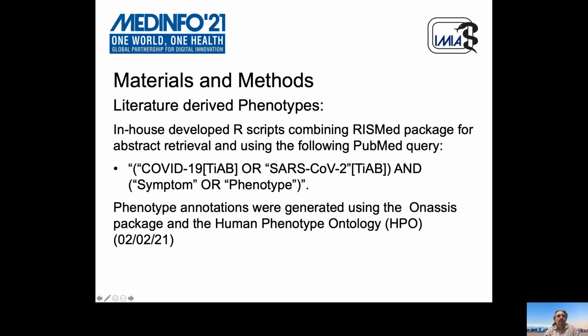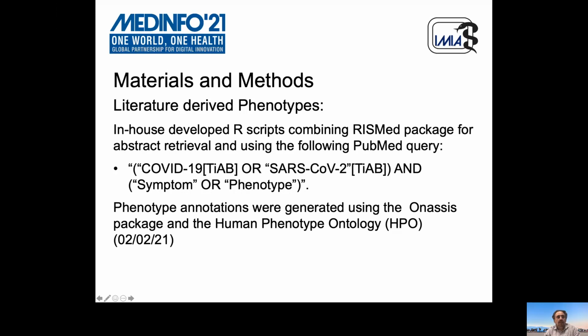Firstly, the generation of the literature-derived phenotypes. For this purpose, we use a series of R scripts that combine the use of the RISmed package for retrieving the abstracts using the following PubMed query: COVID in the title or abstract, or SARS-CoV-2 in the title or abstract, and symptom or phenotype.